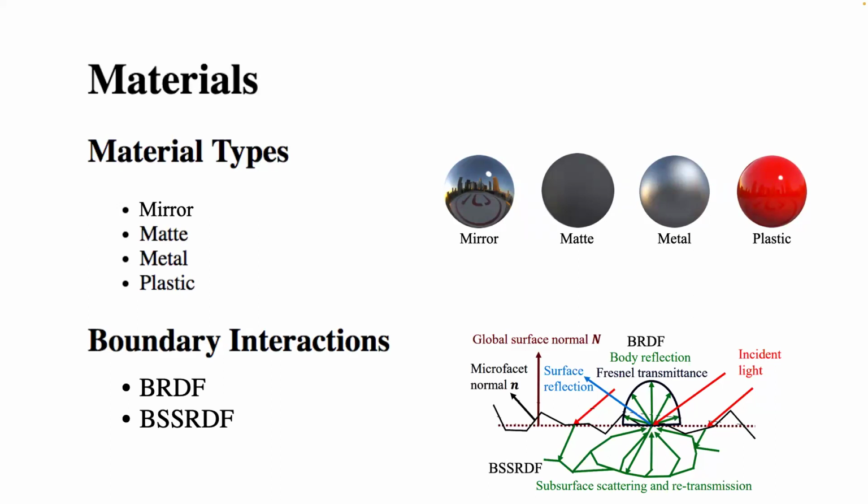But there are other materials that are more sophisticated that don't use the BRDF, but use a more general model, the BSSRDF. Because those models have subsurface scattering, like marble, or the skin of people.